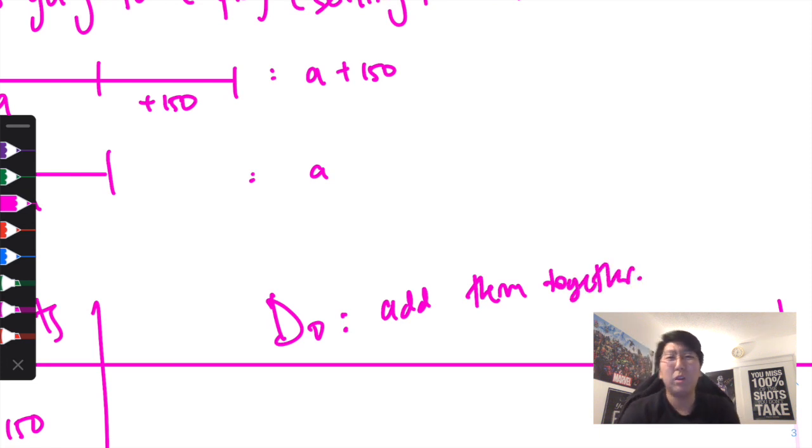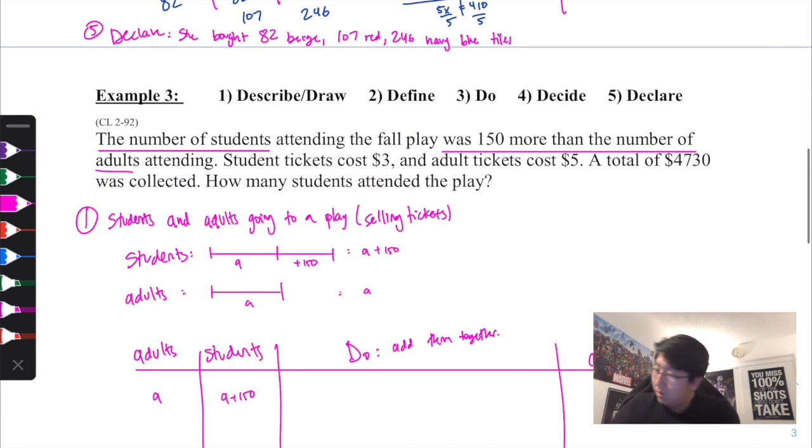But something we do need to notice, we're not just talking about tickets, we're talking about money. So, right here, student tickets cost $3 and adult tickets cost $5. The total amount is $4,730.